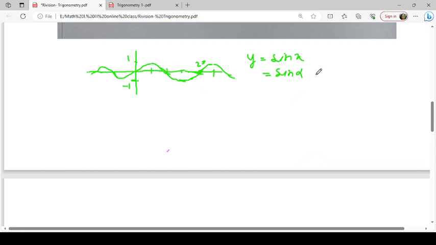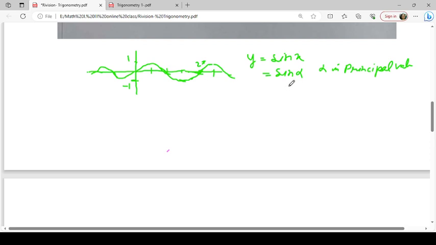So for x we have an infinite number of values, and alpha has one value. We say alpha is the principal value. Suppose sin theta is equal to half, we say theta, or alpha, is equal to pi by 6.